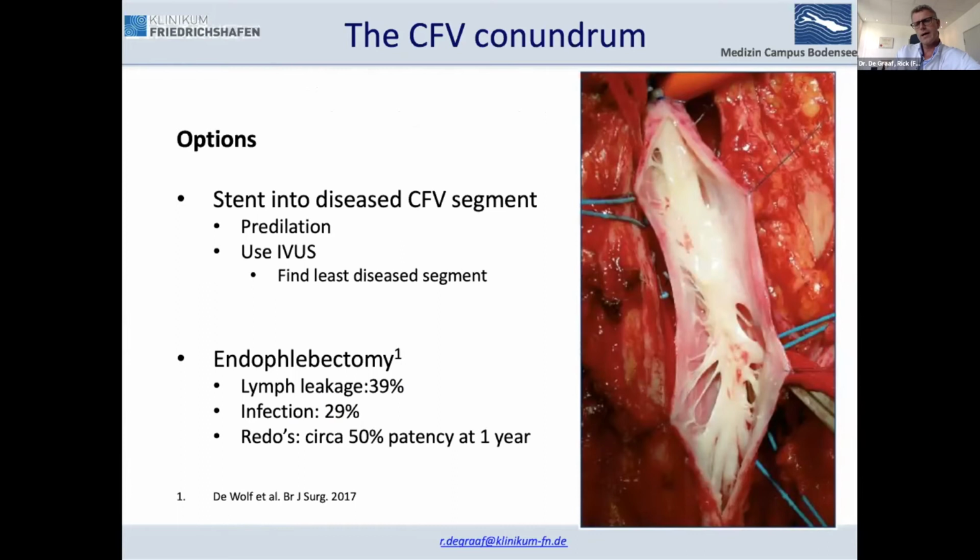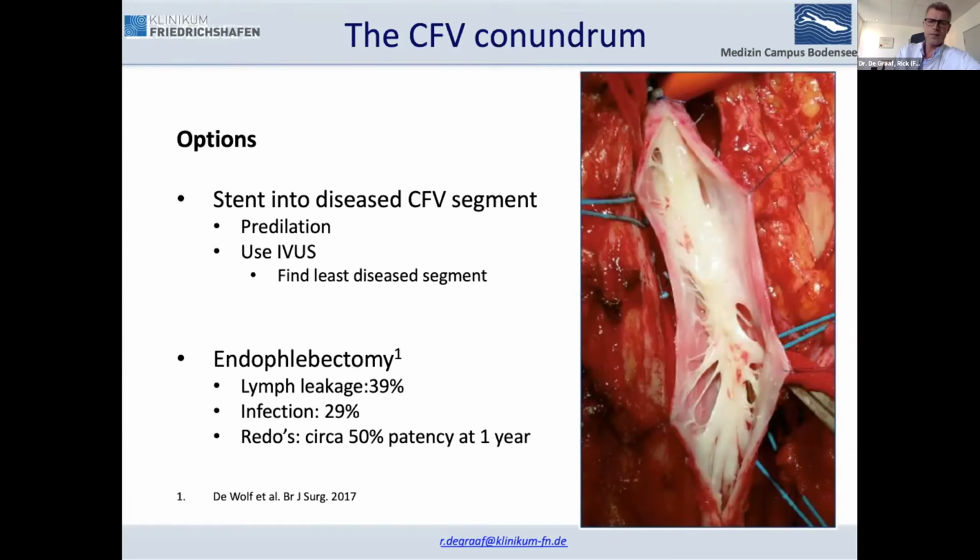So it would be very difficult to find a specific spot to land a stent. However, with IVUS, you will sometimes be able to find a spot where the trabeculations are not running across. So maybe the vein wall is thicker, but you might have some inflow from the profunda branches. So you find that specific spot, but you need a lot of experience and feeling for that.